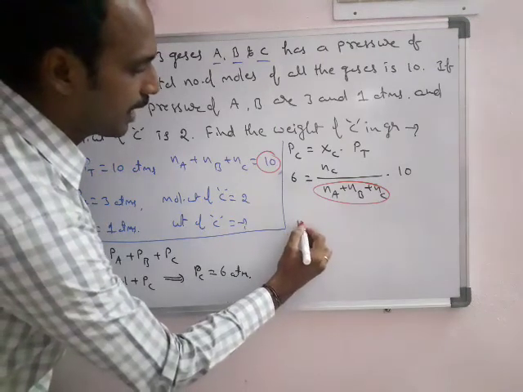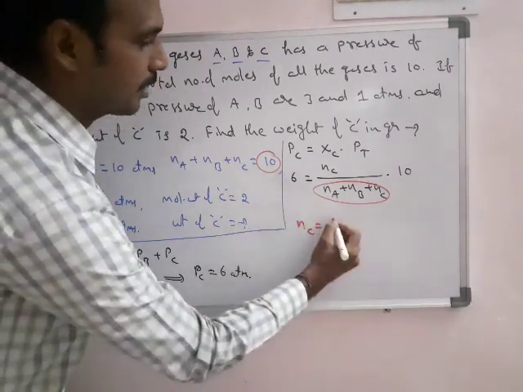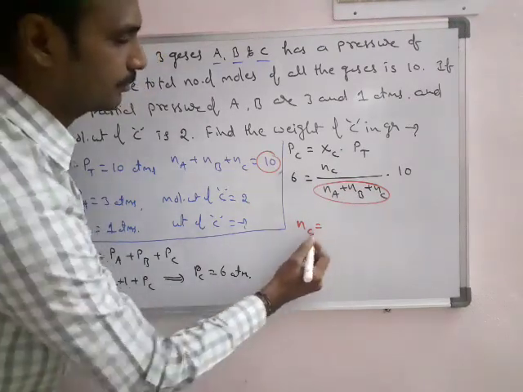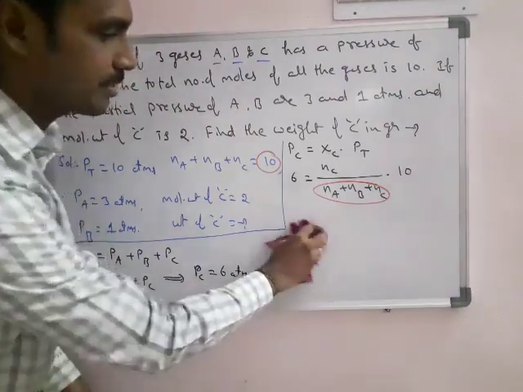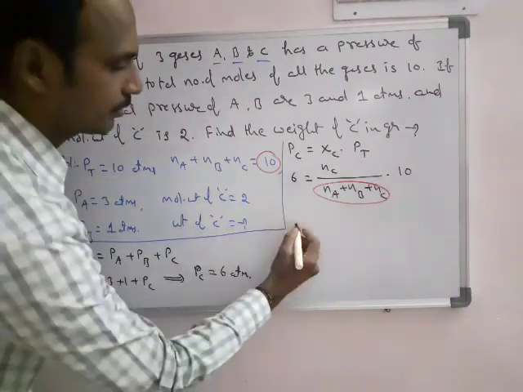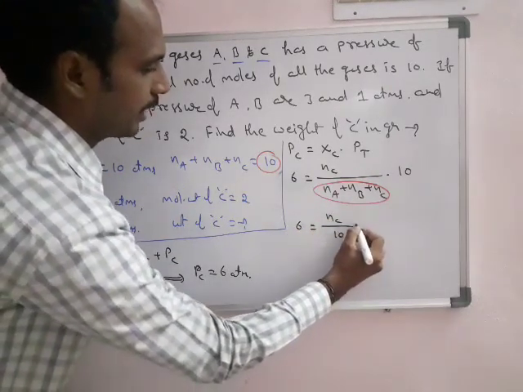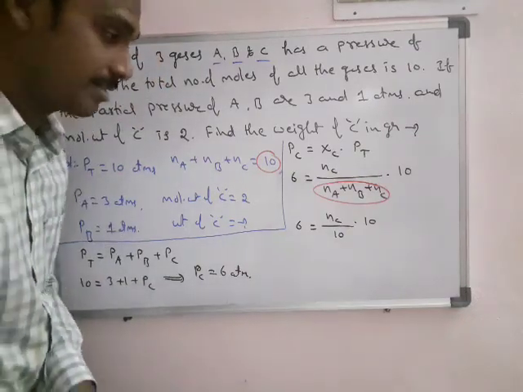So 6 equals NC by 10 into 10, so they will get cancelled.